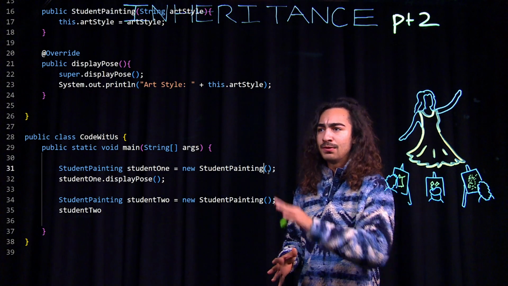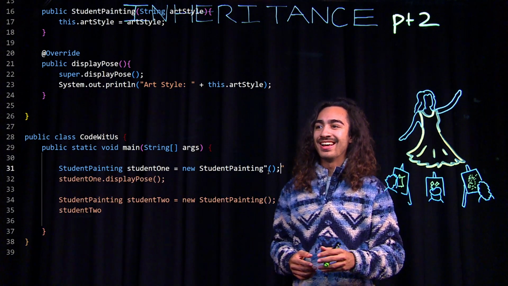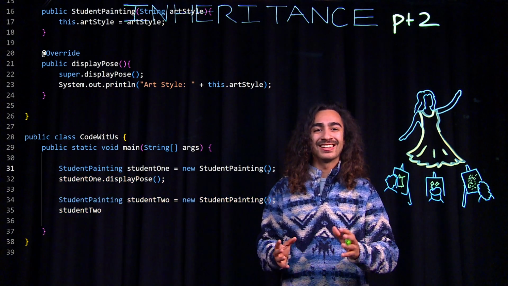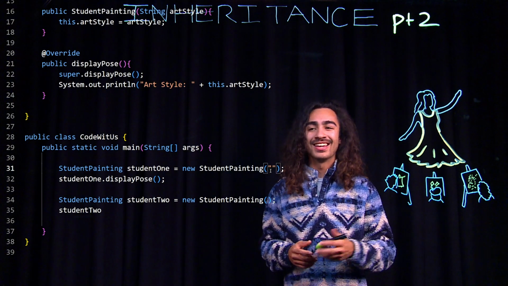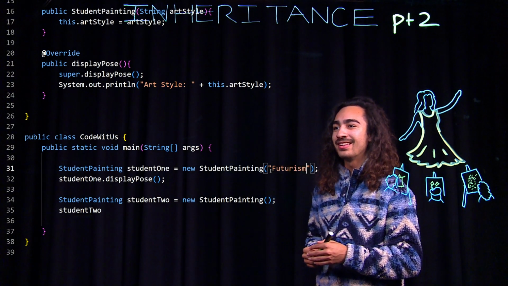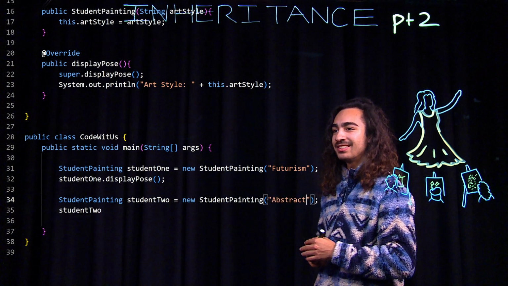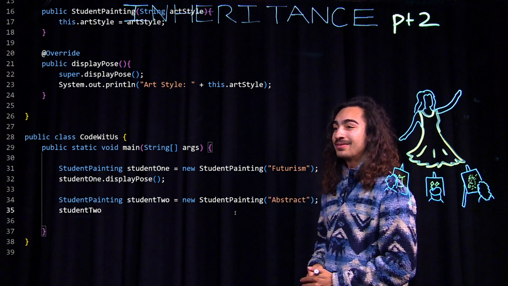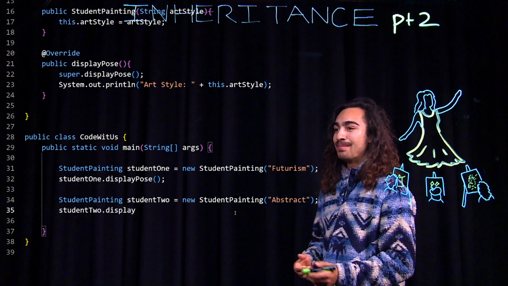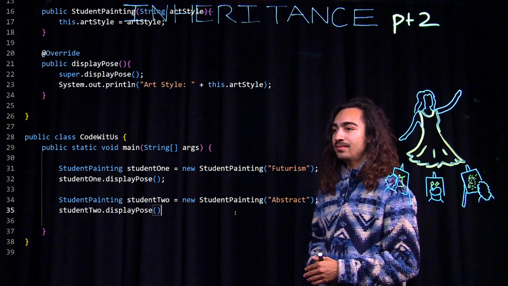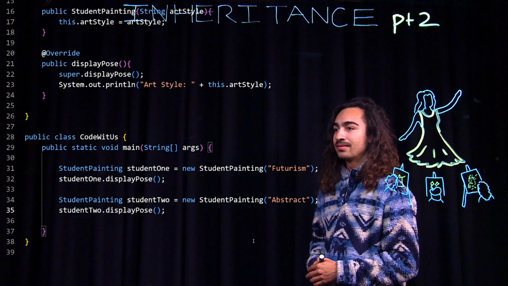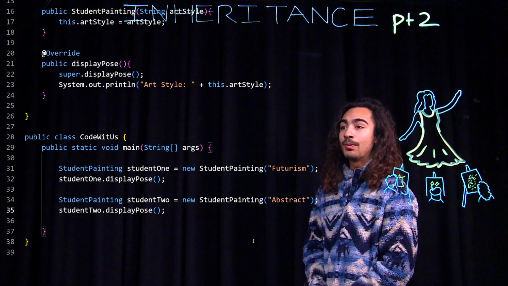So let's give it futurism for student one. That's a pretty cool art style. It has like these weird buildings and it kind of looks pretty dystopian. And then let's give this one abstract just because it's pretty cool too. So let's have them both display pose. And then let's run it and see what we get.